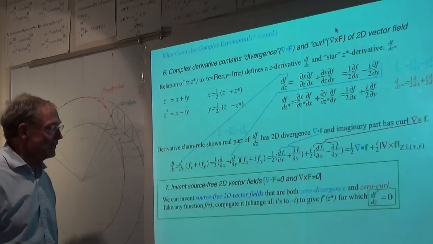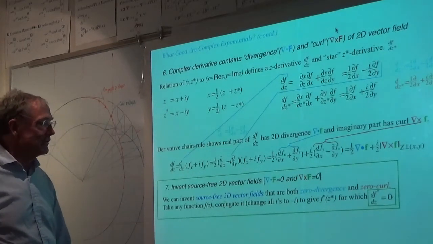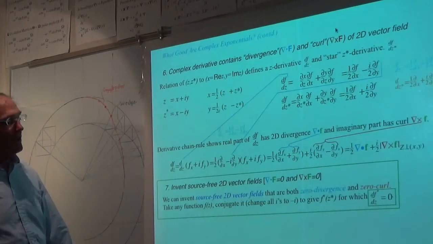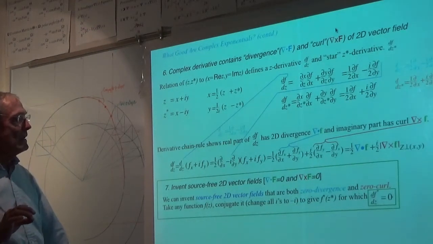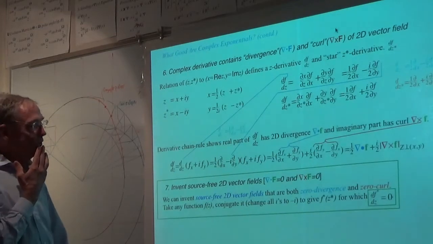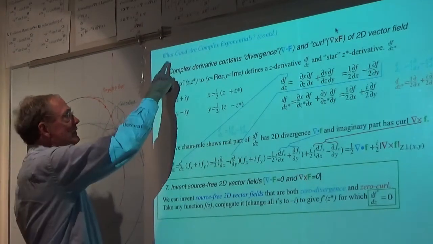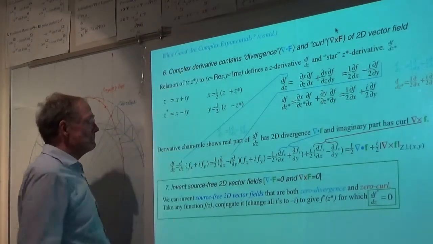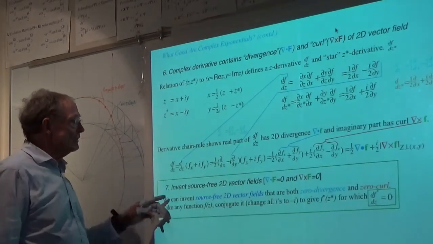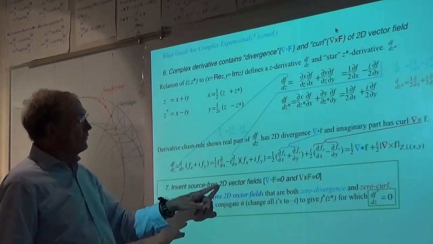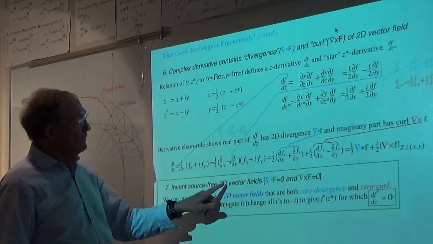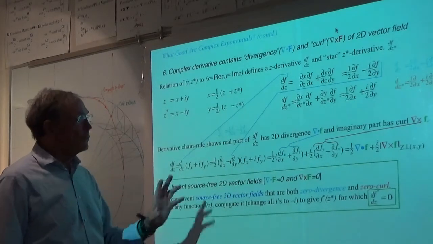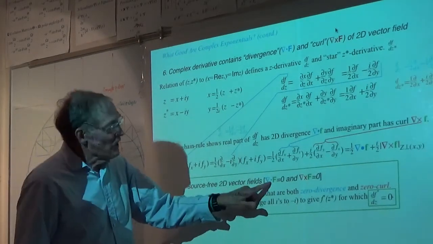We've got about 10 minutes here, so we can probably get through this. And this is where the geometry really comes in. What you can do is invent source-free 2D vector fields, which have no divergence.